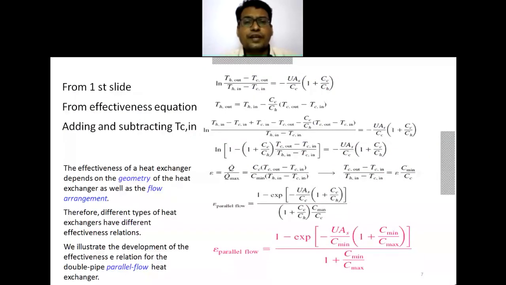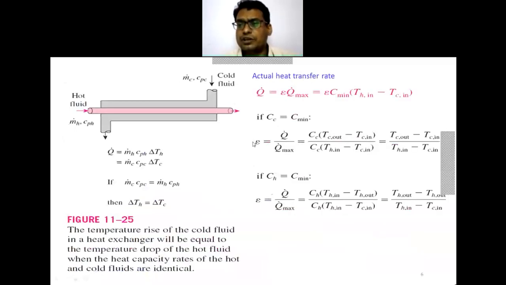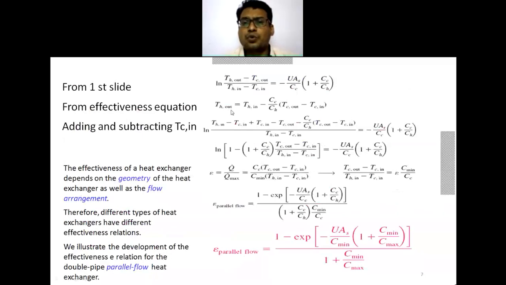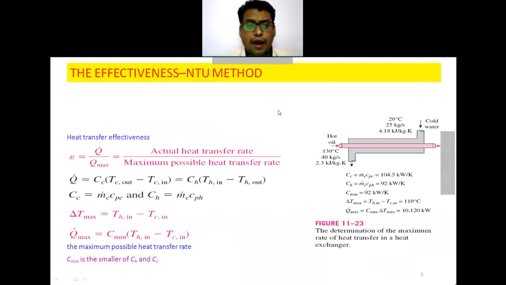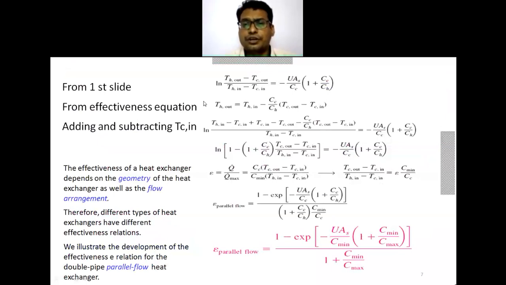Then from the effectiveness equation, I can write Th in minus Th out, which is equal to, from this equation, Cc upon Ch times Tc out minus Tc in.